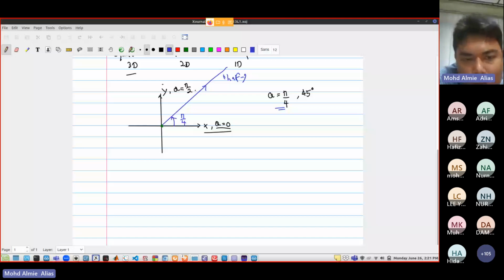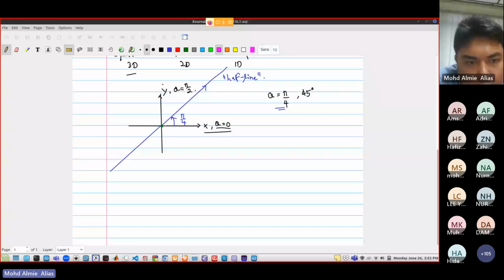Why can't you extend this to, for example, here, in the opposite direction? Why? Because this line has a different angle. So this line here, the angle is different, and so I need to use a different color.